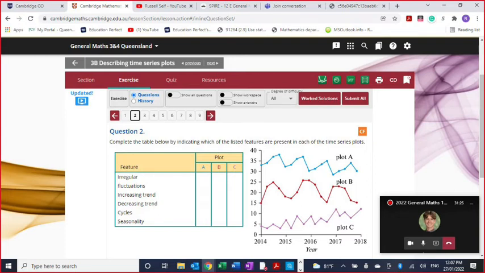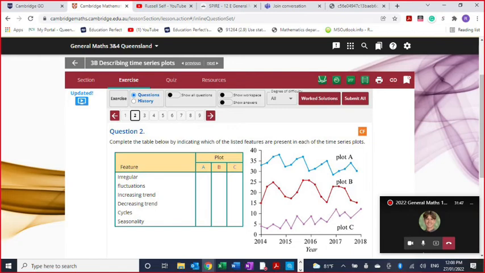If you look from here, this one seems to have a slightly downward trend, a decreasing trend, so you could say it's decreasing, but if you look, it's very regular in its ups and downs. So really what's happening here is, and it's over many years, not just 1 year, so you're getting cycles. All right?